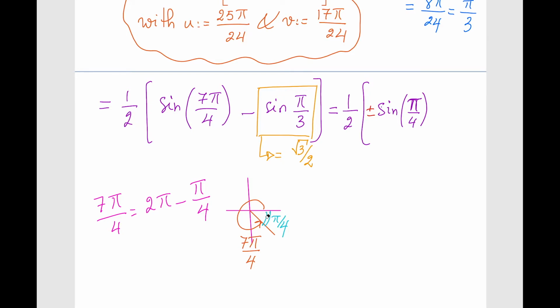Whether it's plus or minus is determined by which quadrant the initial angle lives in. It lives in the fourth quadrant, and the sine of an angle in the fourth quadrant is negative. So this is why it's the minus sign. Make sense? Okay. Minus this entity, which is square root of 3 over 2.